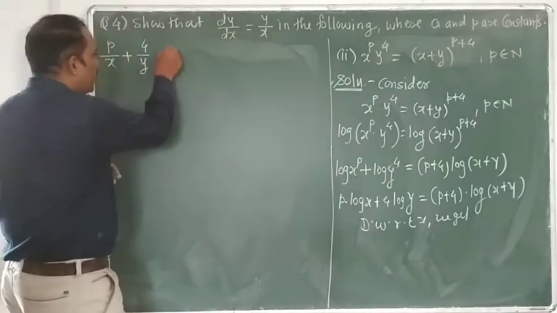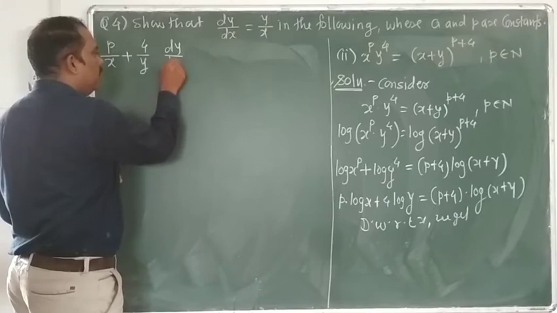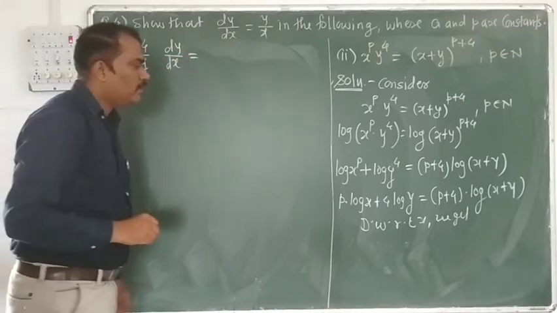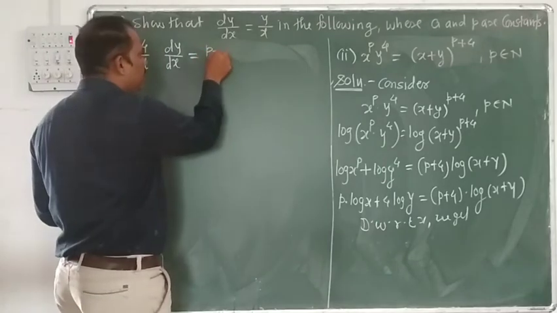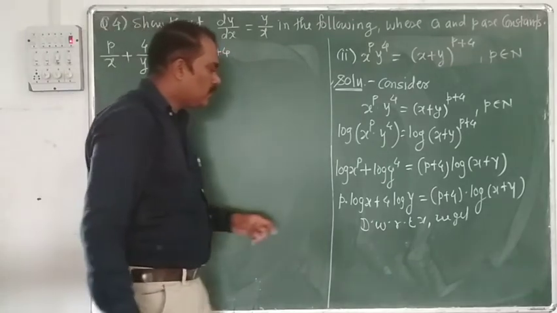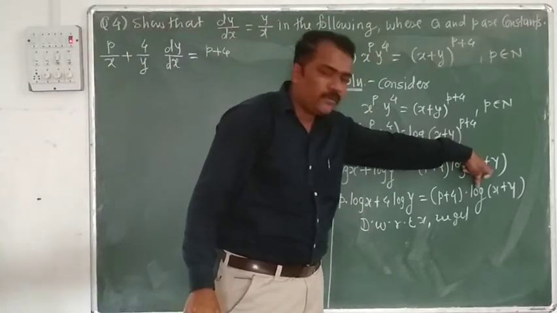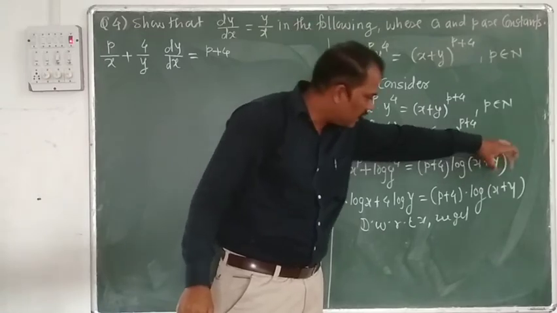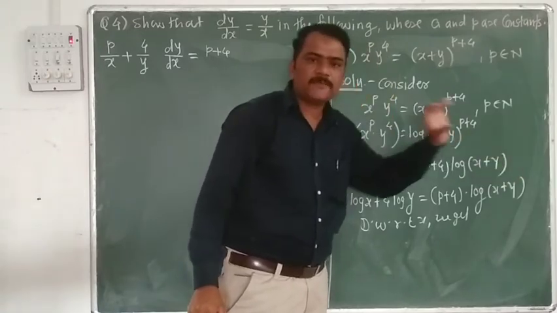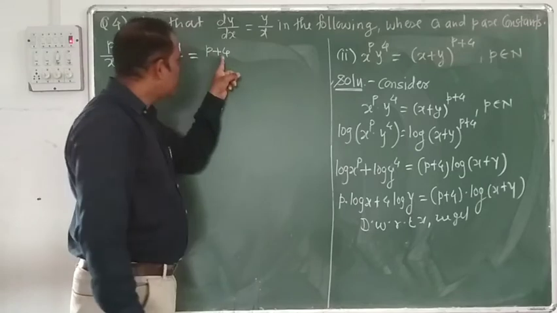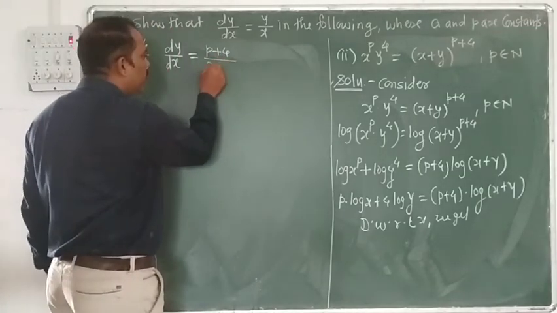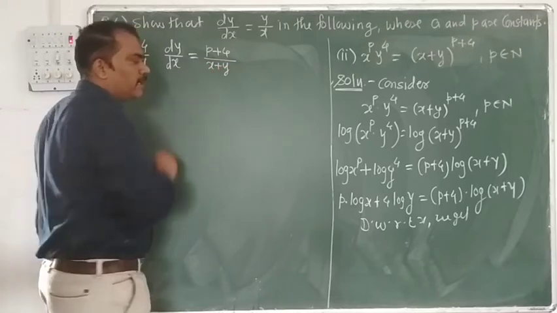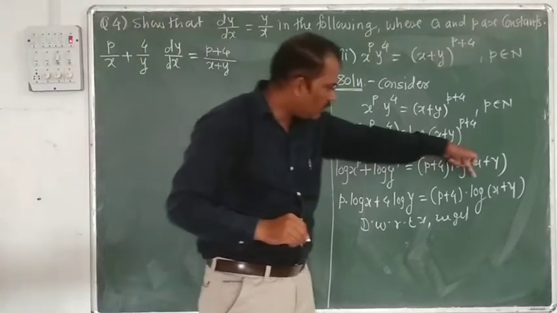It is nothing but dy by dx is equal to, here p plus 4 is a constant, so we keep it as it is, p plus 4 into, first keep the finger on log. What is the derivative of log x? 1 upon x. Instead of x, we use x plus y, so p plus 4 into 1 upon x plus y is p plus 4 divided by x plus y, where you keep the finger on log.